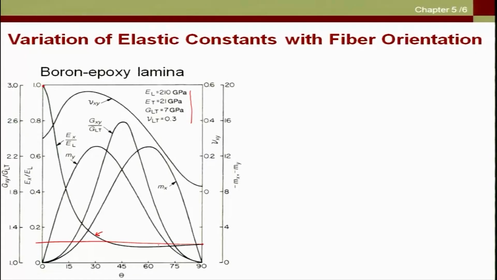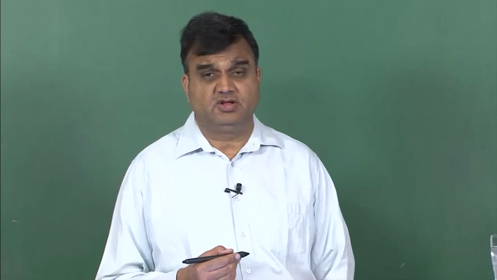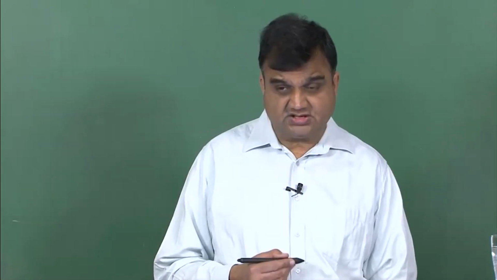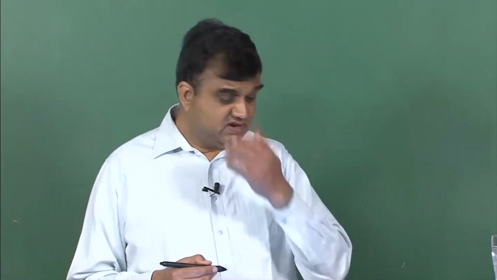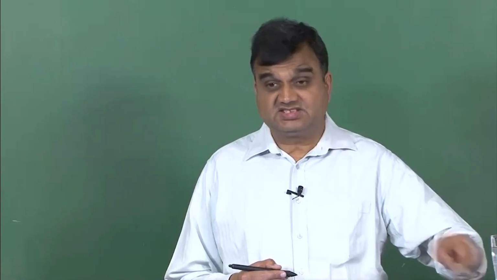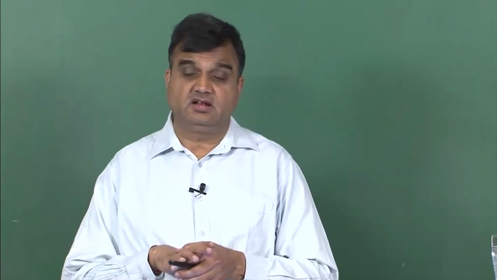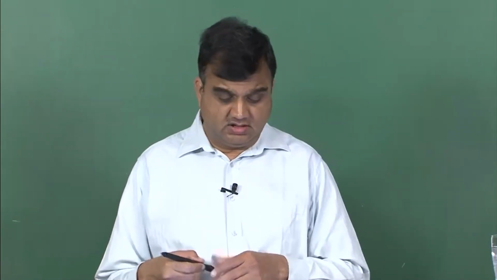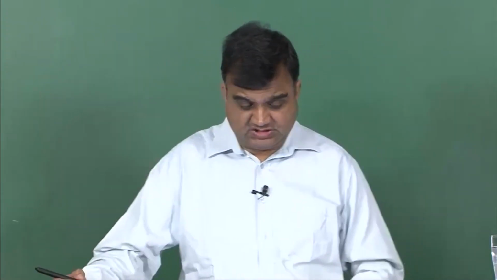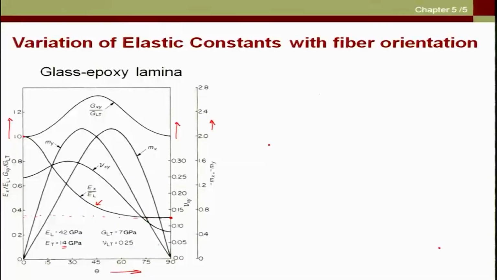A lot of times we may think that Ex will always be at a minimum when theta equals 90, but that may not necessarily be the case, as we are seeing in this particular example, where Ex can be less than ET in certain special cases such as boron epoxy. So, this is one conclusion.